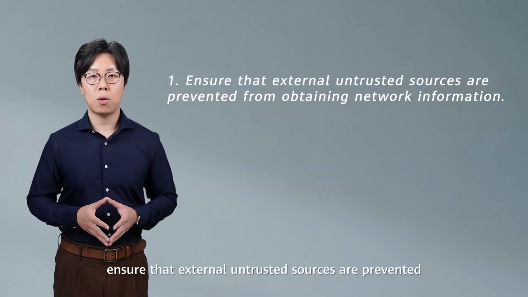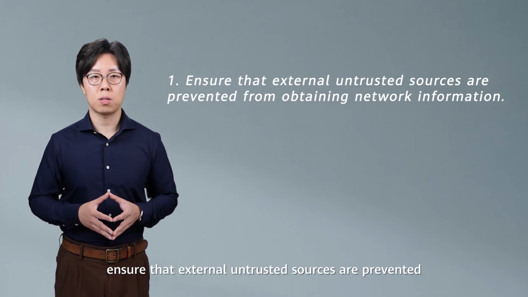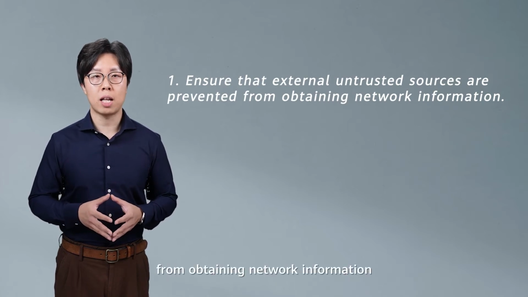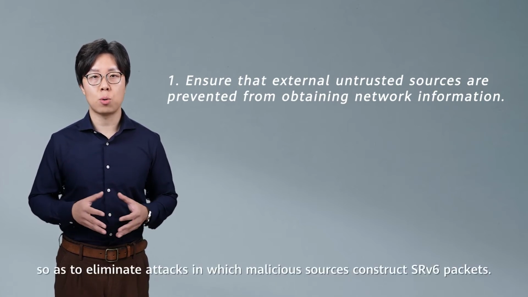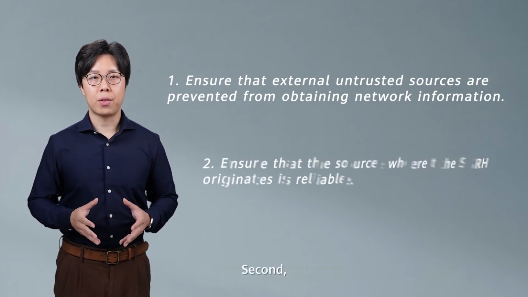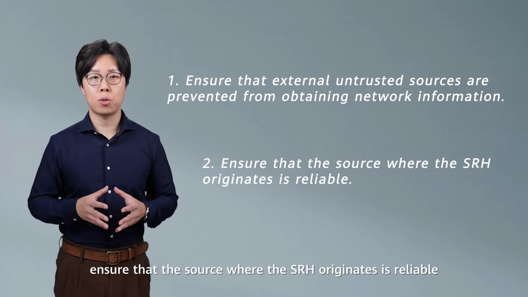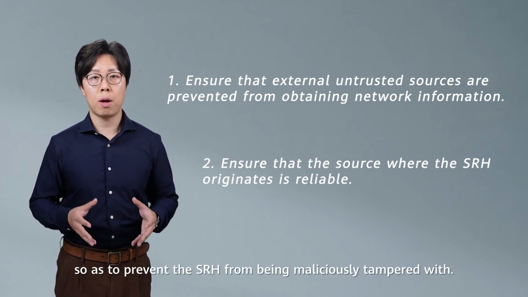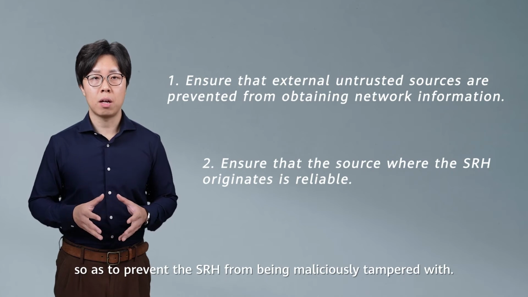First, ensure that external untrusted sources are prevented from obtaining network information, so as to eliminate attacks in which malicious sources construct SRv6 packets. Second, ensure that the source where the SRH originates is reliable, so as to prevent the SRH from being maliciously tampered with.